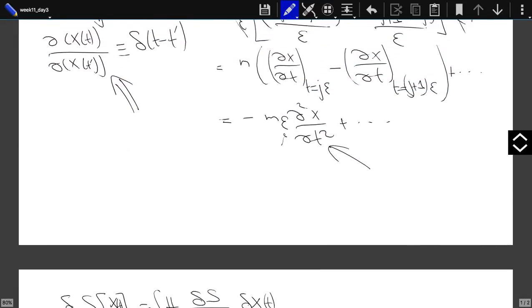So we basically recover our previous result, minus m, the second derivative of x, of course with the obvious elimination of the epsilon. And the epsilon is eliminated when we replace the Kronecker delta by epsilon by Dirac delta, in the limit as epsilon goes to 0.